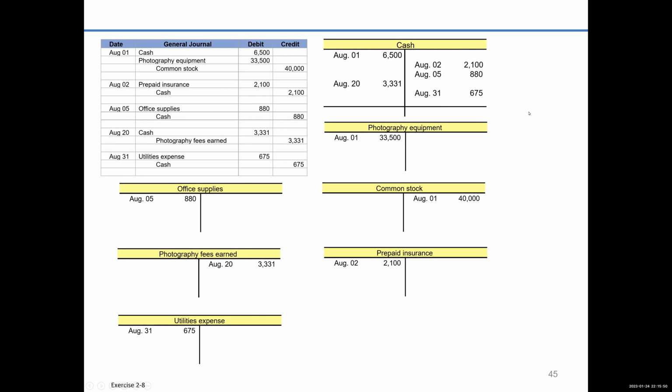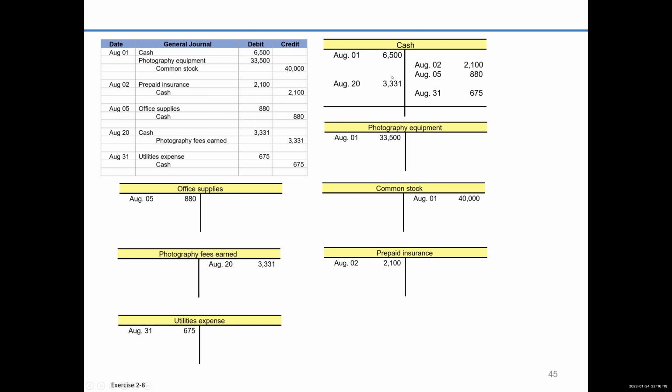Now, let's figure out what we have in our cash account. Remember, 6,500 and 3,331 came in, and then these three represent amounts that went out. So to find our balance, we'll take the 6,500 plus the 3,331.